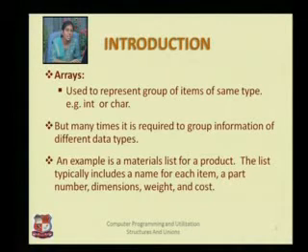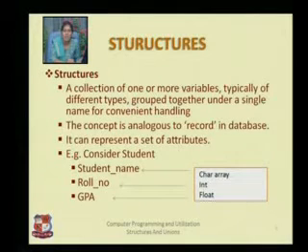Again the part number is varying, the dimension is varying, the weight is varying, and the cost itself is varying. So we cannot take a single array of these things. We need some kind of data type which can pack all this stuff into one particular entity. That's why a structure was defined in C.